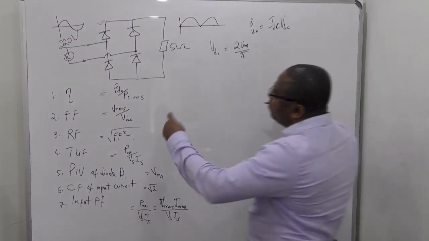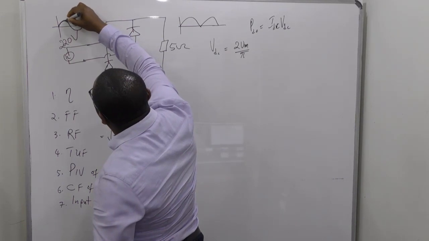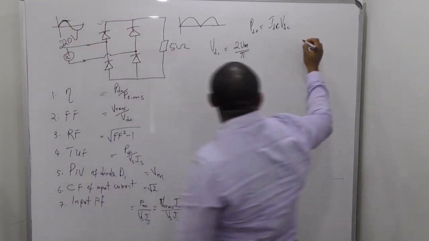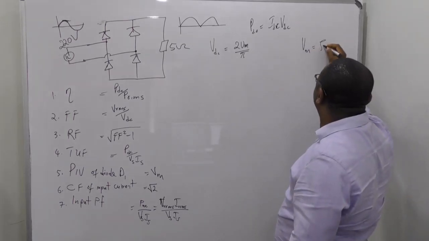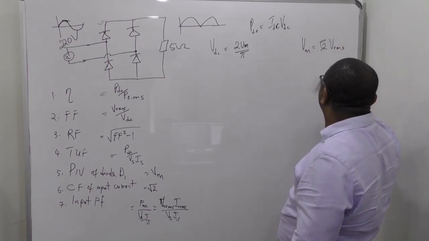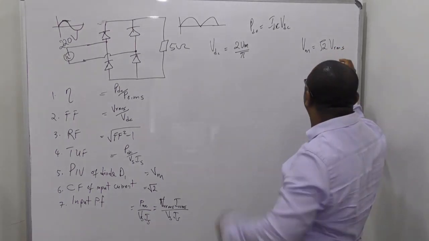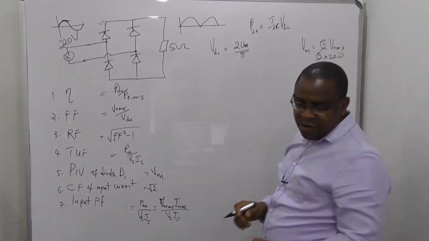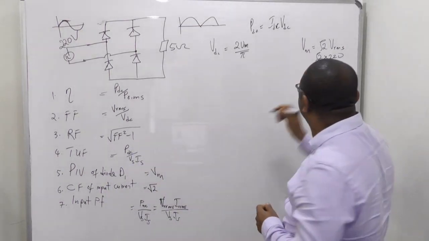The peak value of this 220 volt supply. V peak is root 2 times V RMS input, which is that 220. So I have root 2 times 220. If you multiply that, you get 311.1 volts.